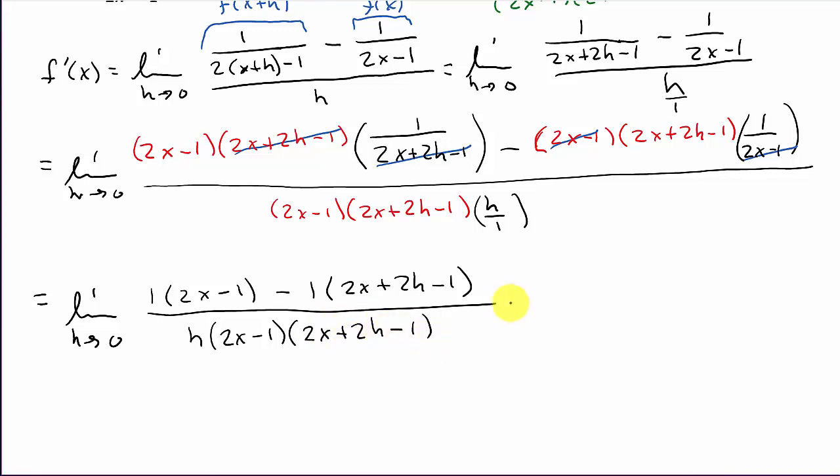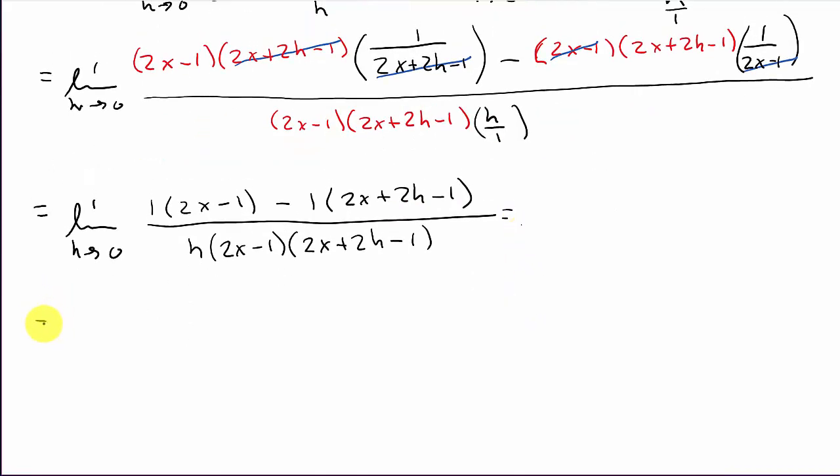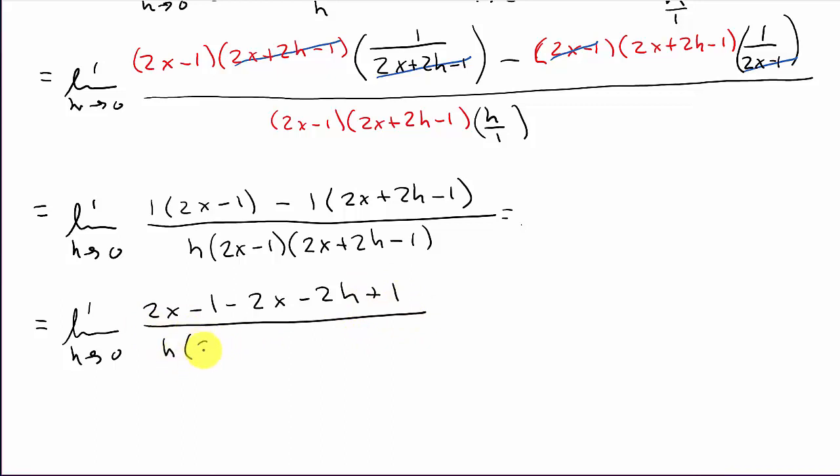Now let's look at simplifying this. I'm going to clear the parentheses. That's going to be the limit as h goes to 0 of 2x minus 1 minus 2x minus 2h plus 1, over h times 2x minus 1 times 2x plus 2h minus 1.